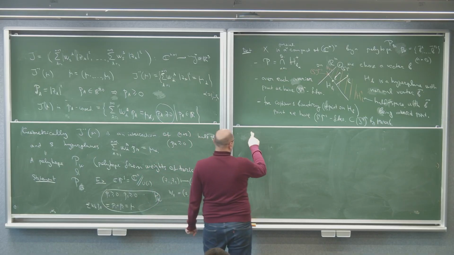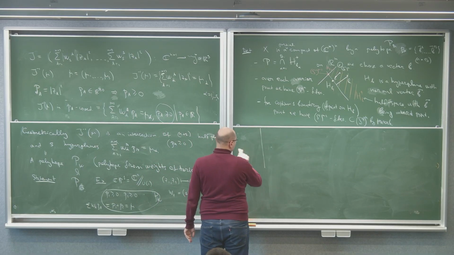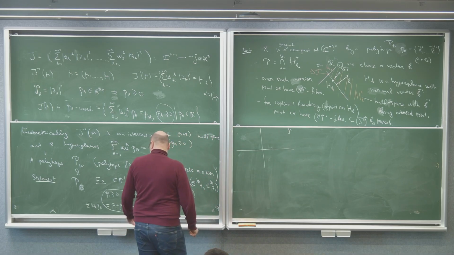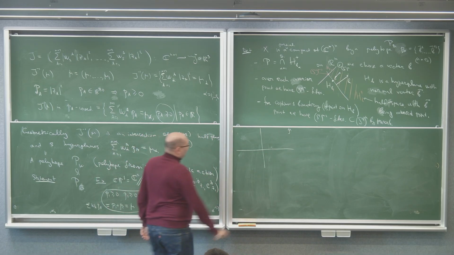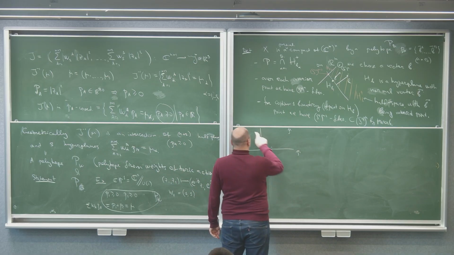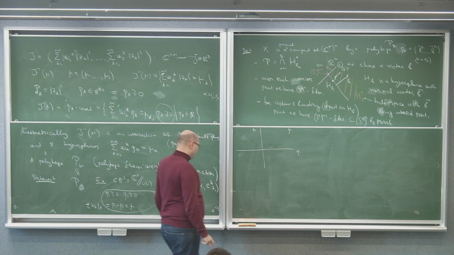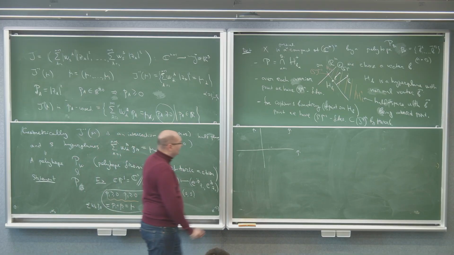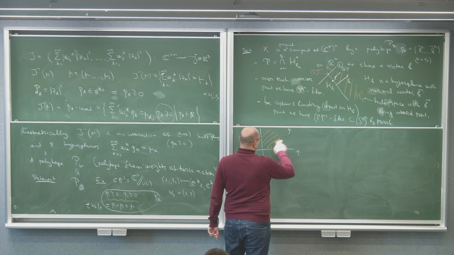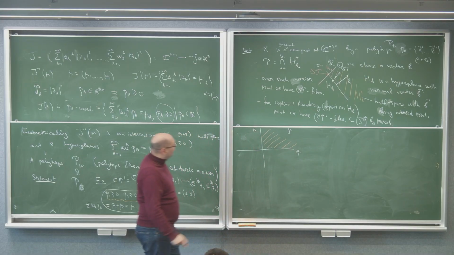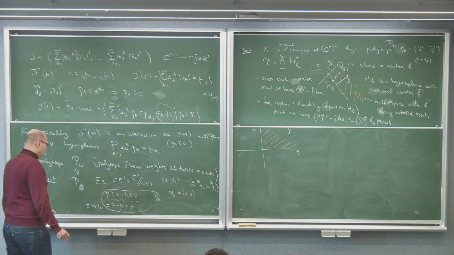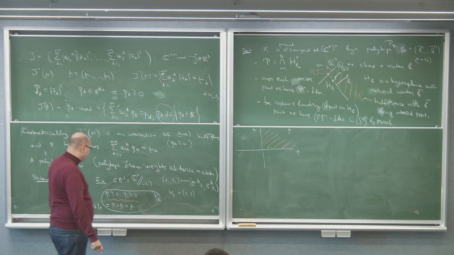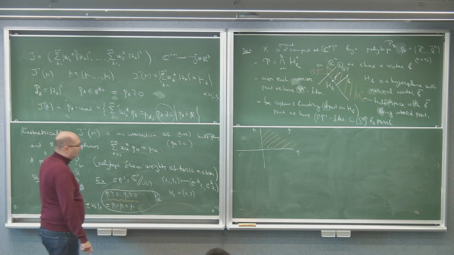Okay, so let me draw this two-dimensional rho plane. So that will be rho 1 and that will be rho 2. First we impose these two conditions, that rho 1 and rho 2 are positive. So that gives us a restriction to the positive quadrant. And then we have this condition that rho 1 plus rho 2 equals mu.